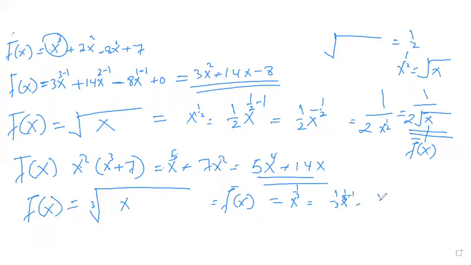This means 1 over 3 x power negative 2 over 3. If I don't want the negative, I'm going to do this: 1 over 3 times the cube root of x squared. That's how we do this one. Thank you very much for watching.